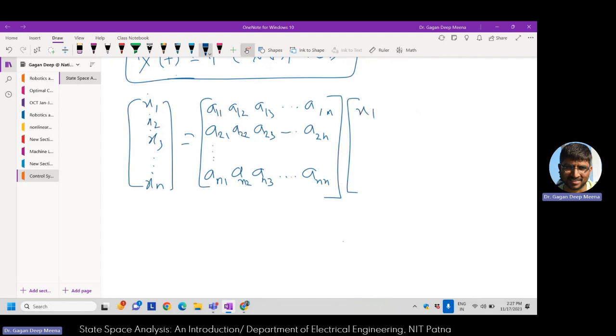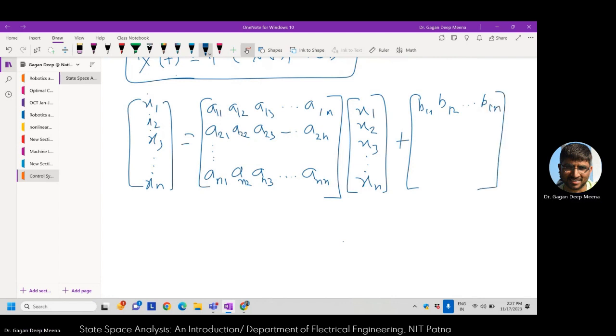It will be multiplied with the state variable vector, which is x. Then you add another matrix, b11, b12, going till b1m. As we know, this is an n cross m matrix, so its final element would be bnm, with bn1, bn2 and so on.